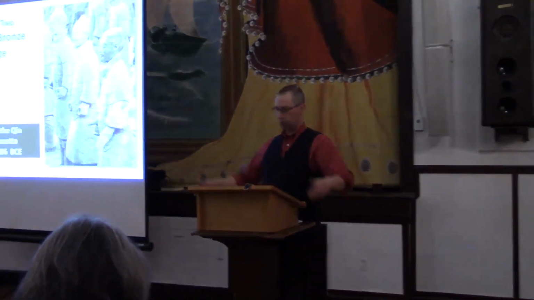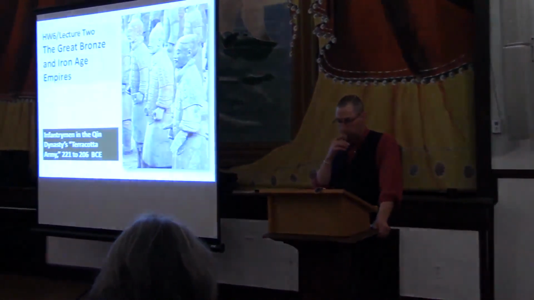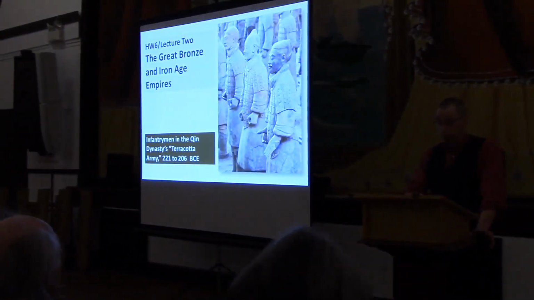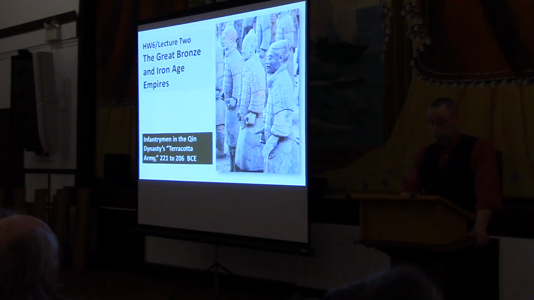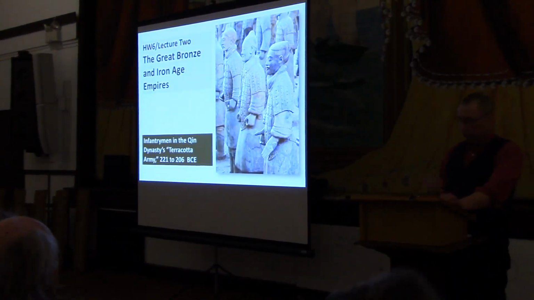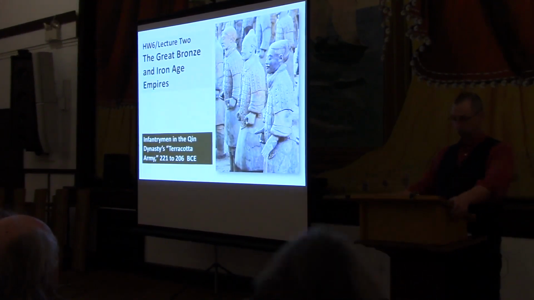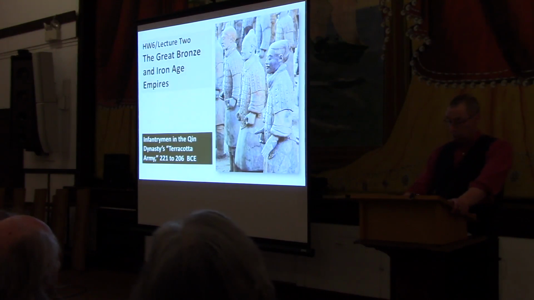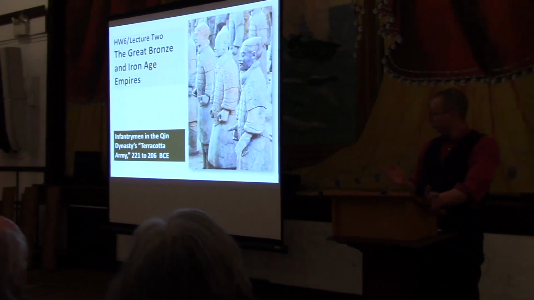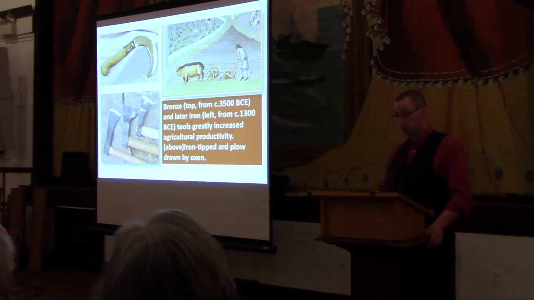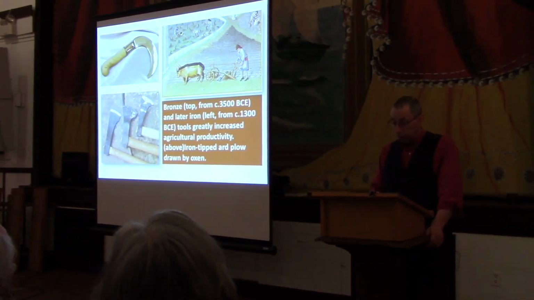So what I want to start today is by looking at a couple of major further advances in agricultural productivity, and to talk a little bit about some of the consequences of those advances for society in general. So what I'm going to be talking about is the Bronze and Iron Age technologies.